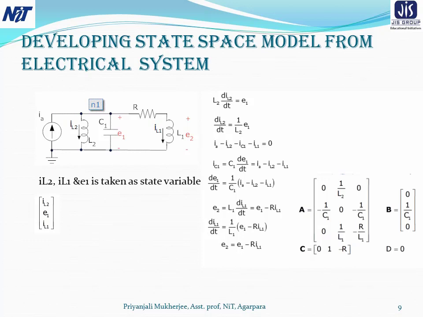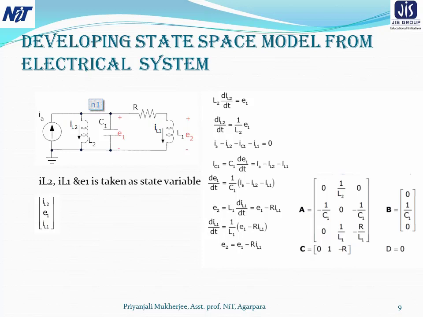So here one current source is present, giving the current IA, and one inductor and one capacitor are in parallel combination, and a series resistance and inductor is connected in another branch.